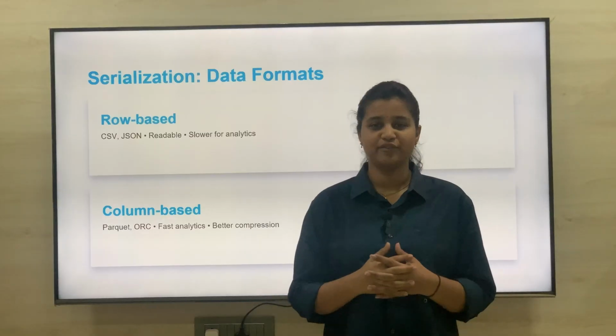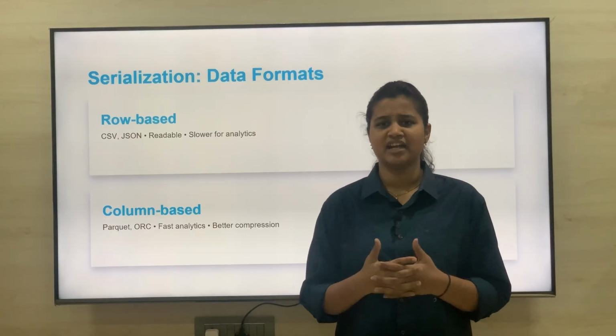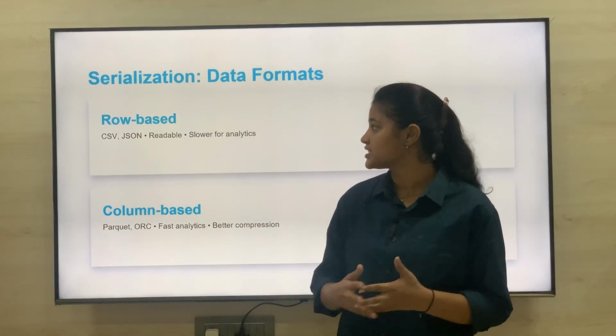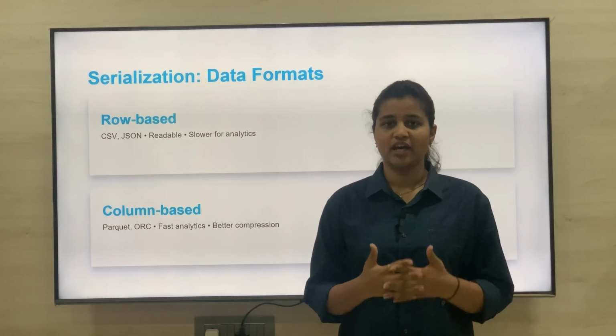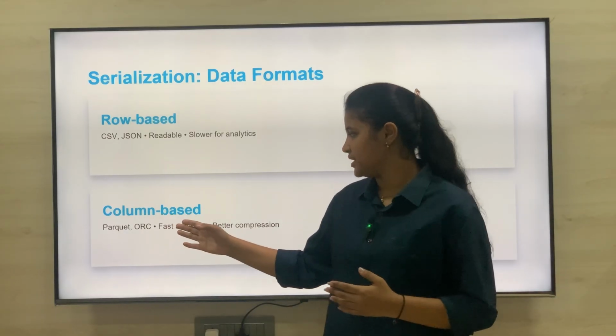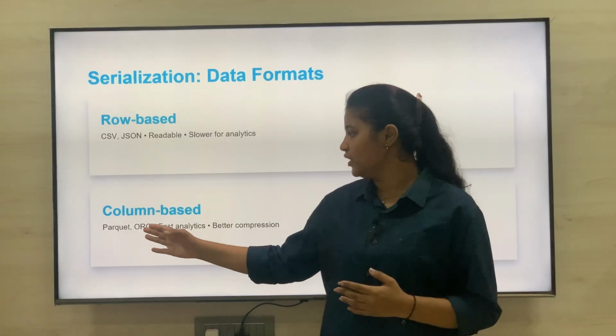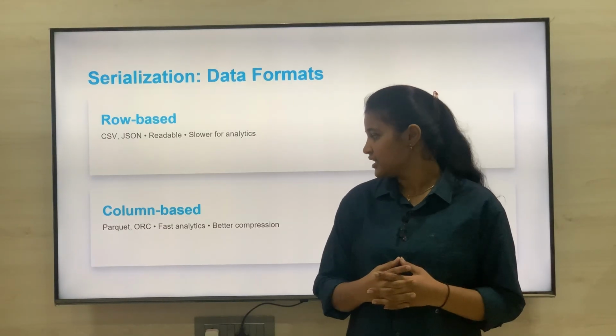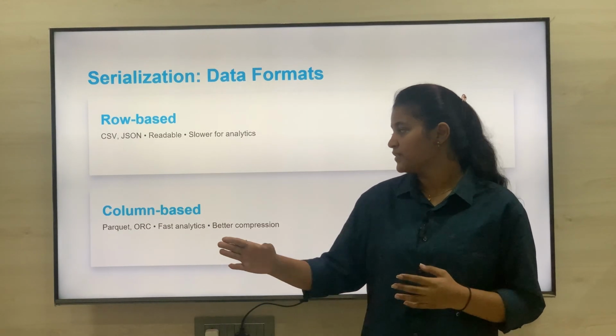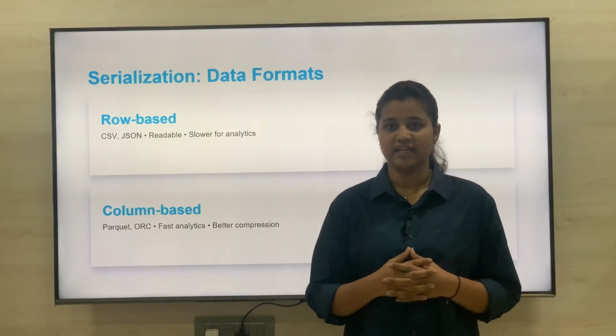These are very readable files which we use for data transformation and performing analytics. It is slower for analytics because you need to track the data row by row. Second is column based. We use Parquet and ORC. Column based operations are very fast and used for fast analytics. So it gives better compression techniques.